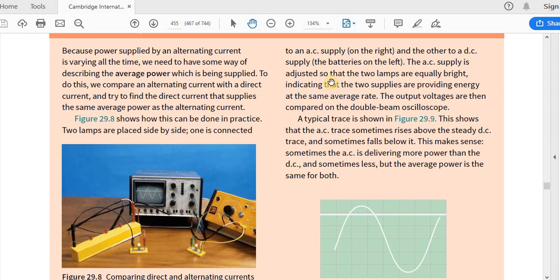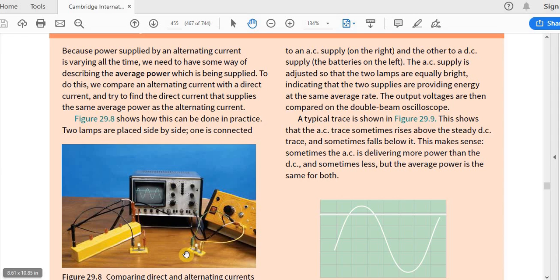The AC supply is adjusted so that the two lamps are equally bright, indicating that the two supplies are providing energy at the same rate. Power is equal to energy over time, so the brightness depends on the power. The greater the power supplied to the lamp, the brighter the lamp will glow.